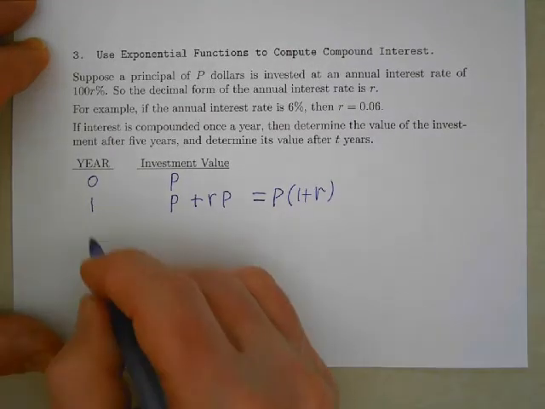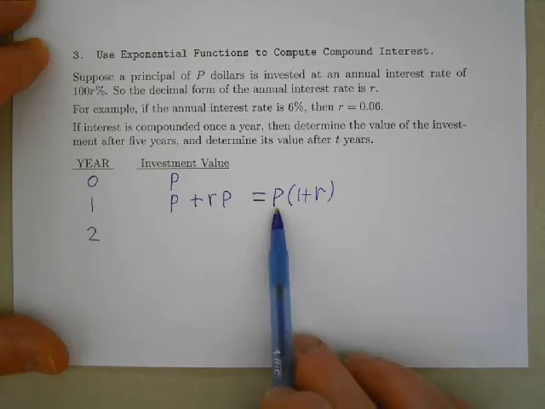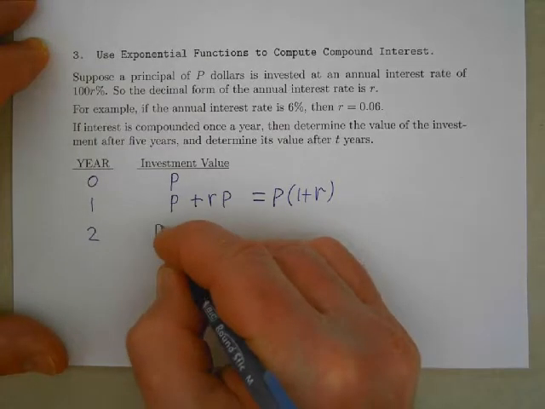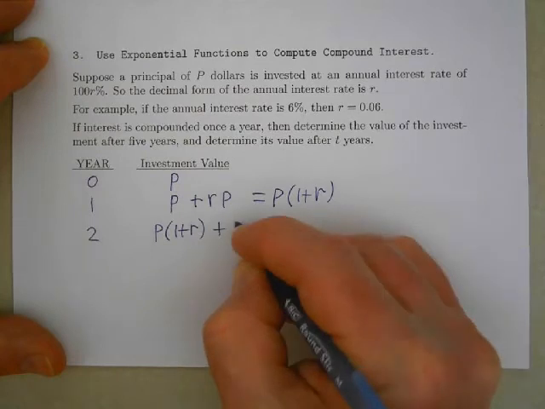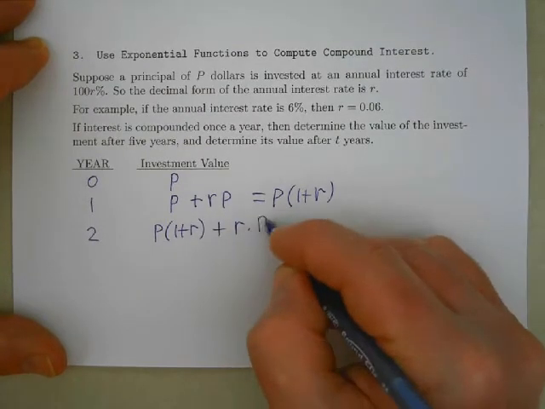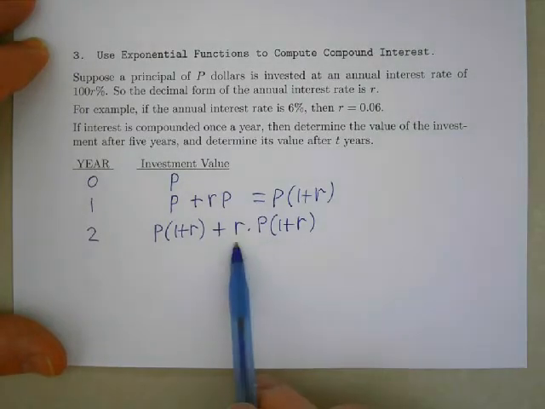And then after the second year, we have in the account what we had at the end of 1 year, which is P times 1 plus R, plus R times P times 1 plus R. This is the amount of interest that was earned during the second year.